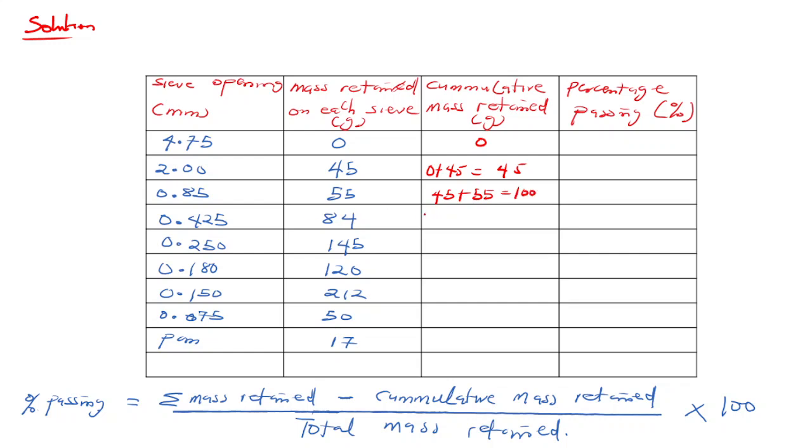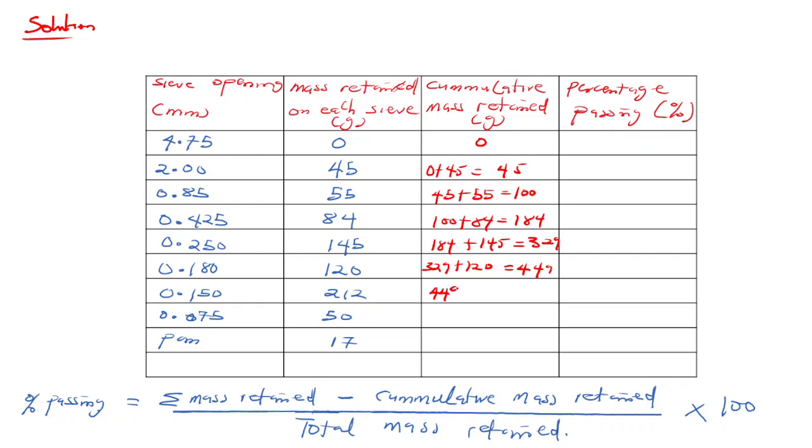And then this is going to be 100 plus 84, which is equal to 184. Then this is going to be 184 plus 145, which is 329. 329 plus 120 gives us 449.